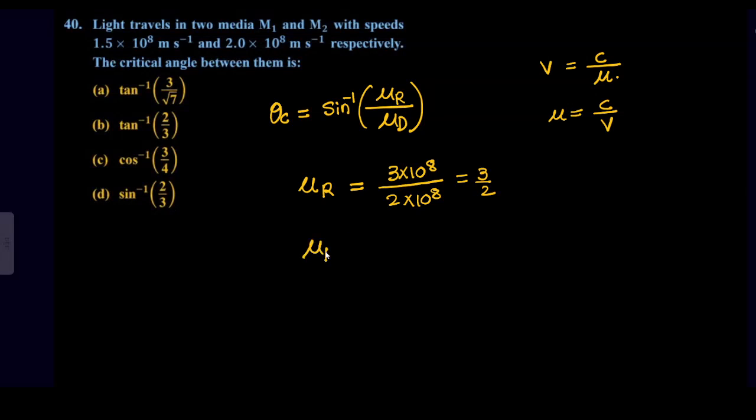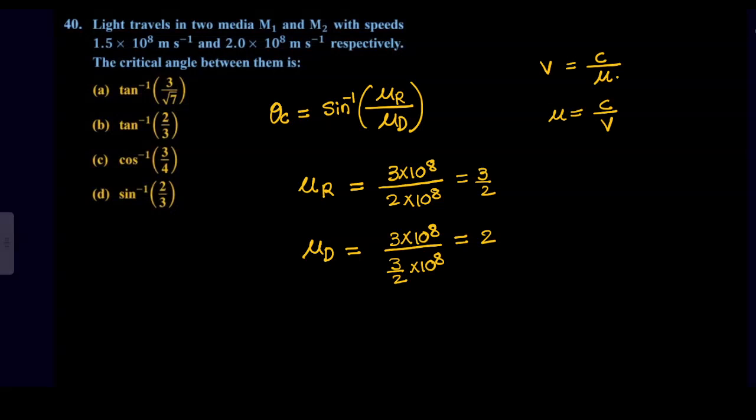Now the refractive index of denser medium is given as 3 into 10 power 8 by 1.5 into 10 power 8, which will come to be 2, right?